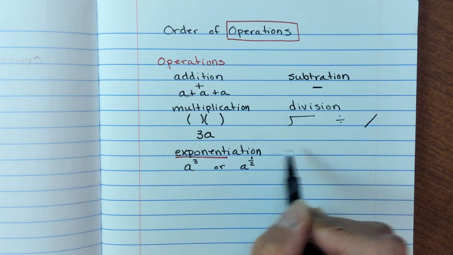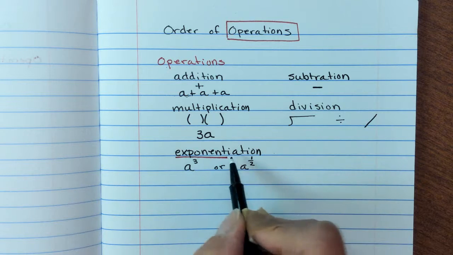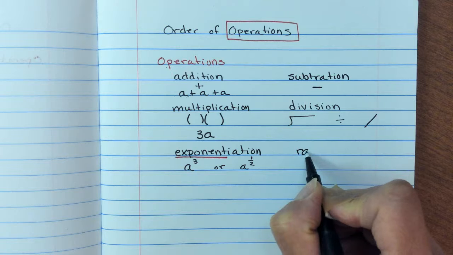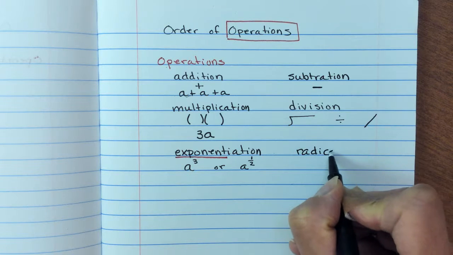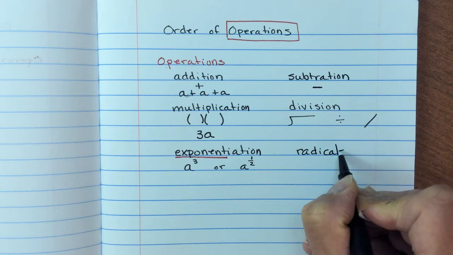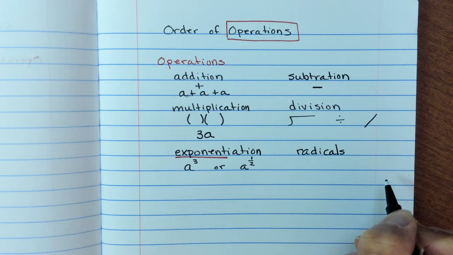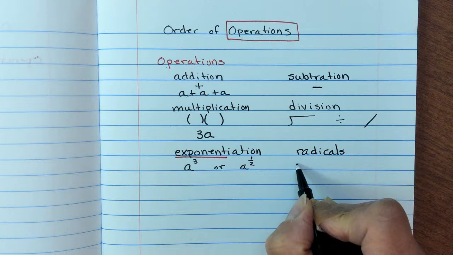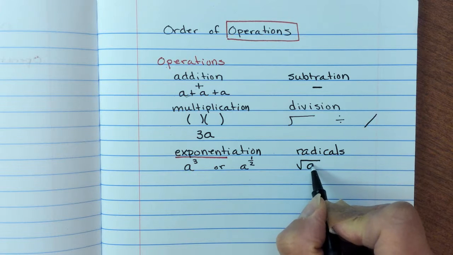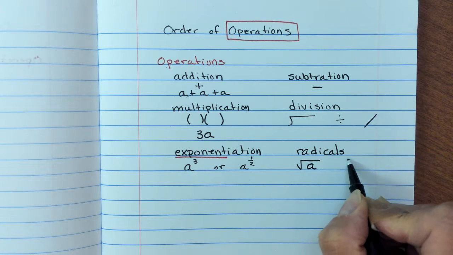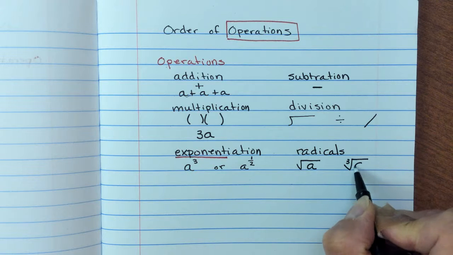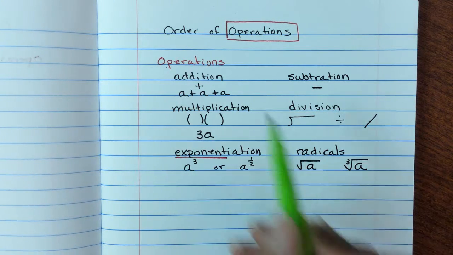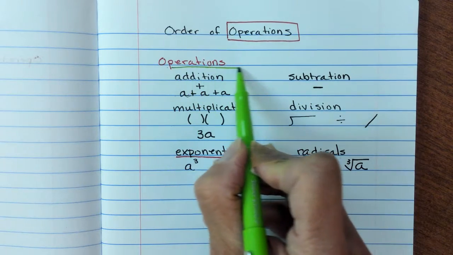Well, what would be the inverse operation of exponentiation? I'm just going to say radicals. Okay, so anytime we take the root of something, we're undoing the exponent. For example, the square root of A or the cubed root of A. So those are our 6 operations that we often talk about.